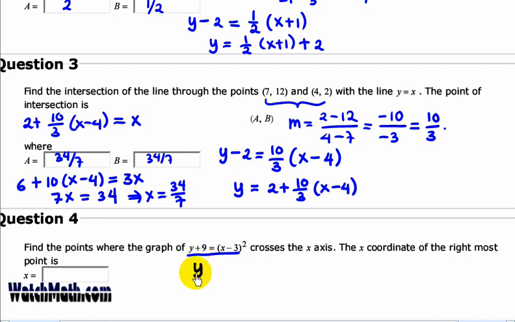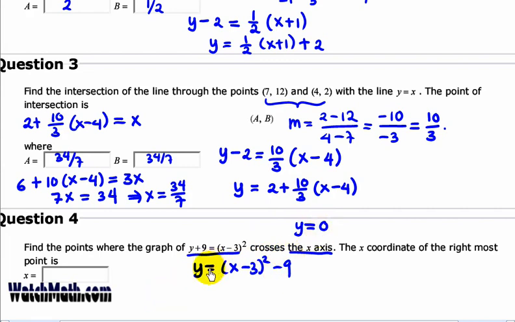First, you write this as y is equal to (x minus 3) squared minus 9. The equation of the x-axis is y equals 0. Now we want to find for which x this y and that y are equal. So we want to find all x's that make (x minus 3) squared minus 9 equal to 0.